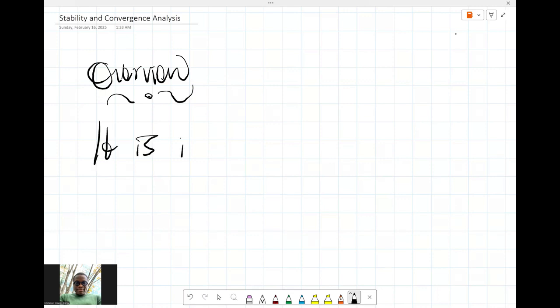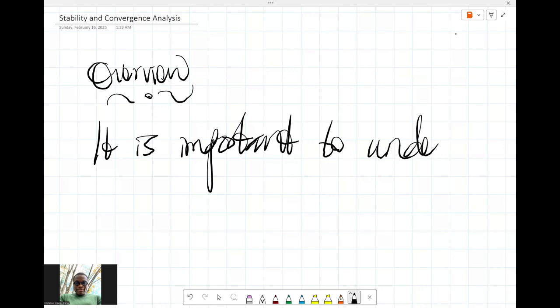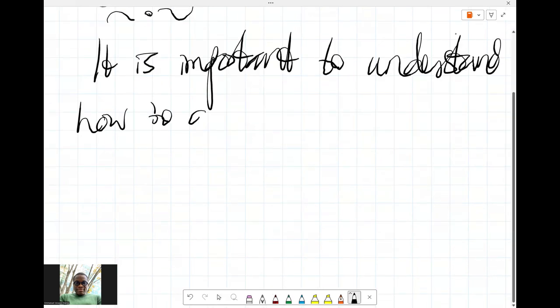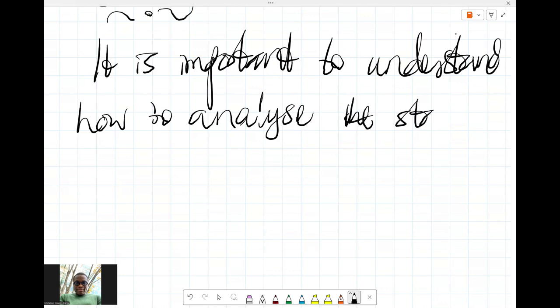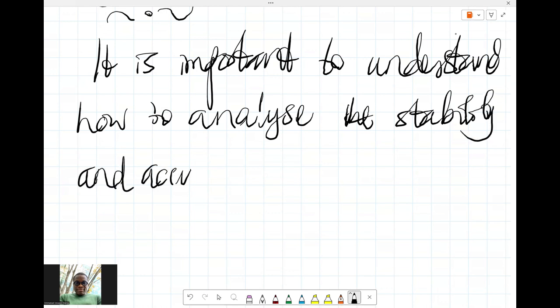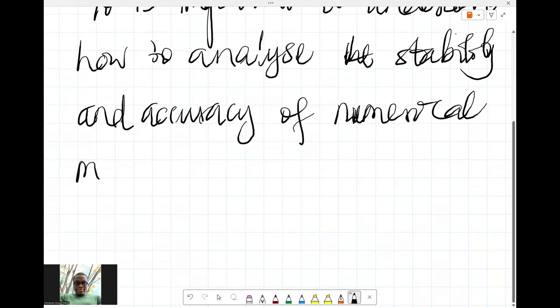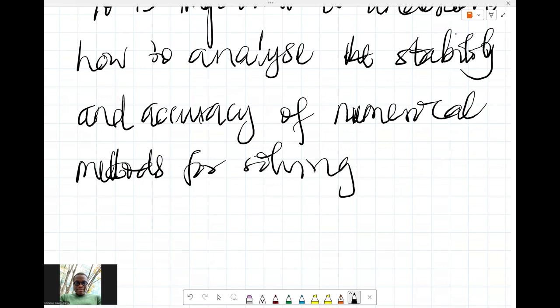It is important to understand how to analyze the stability and accuracy of numerical methods for solving ordinary differential equations. That's ODEs for short.